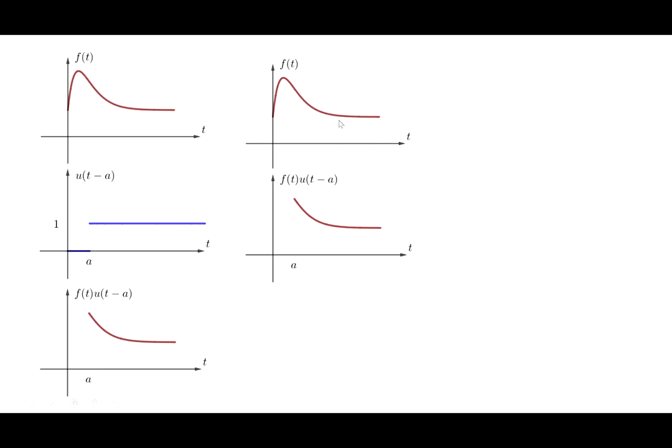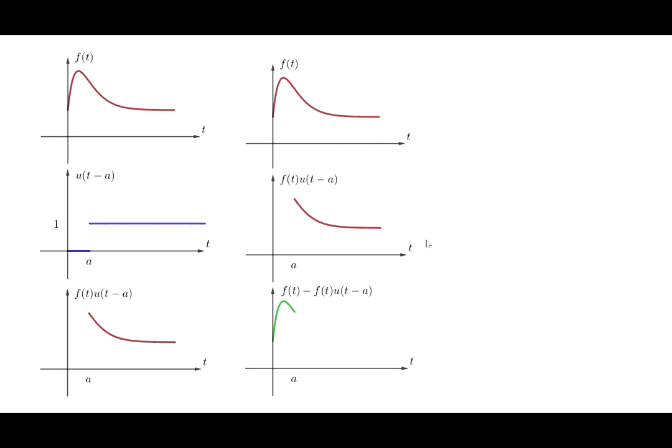Now on a to infinity, what are we subtracting? Whatever these values are, minus whatever these values are. But they are exactly the same. So that means on a to infinity, it flattens out. You get 0. So this is how the graph of f of t minus f of t u of t minus a looks.